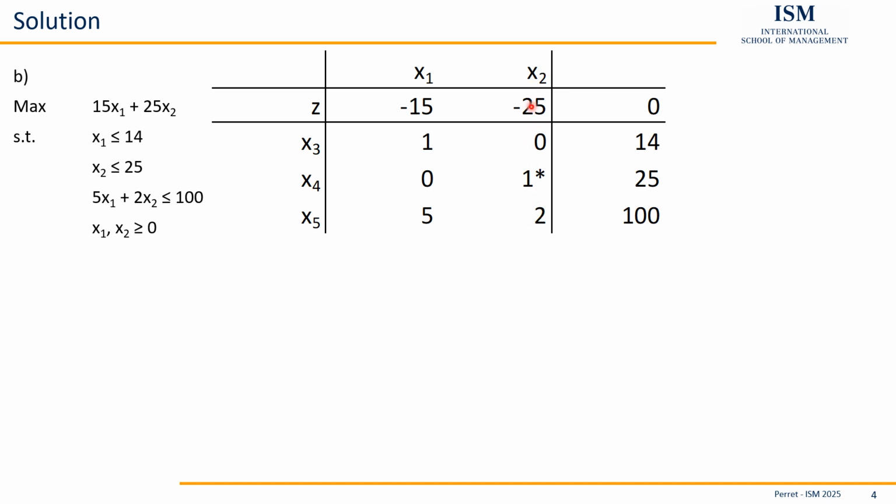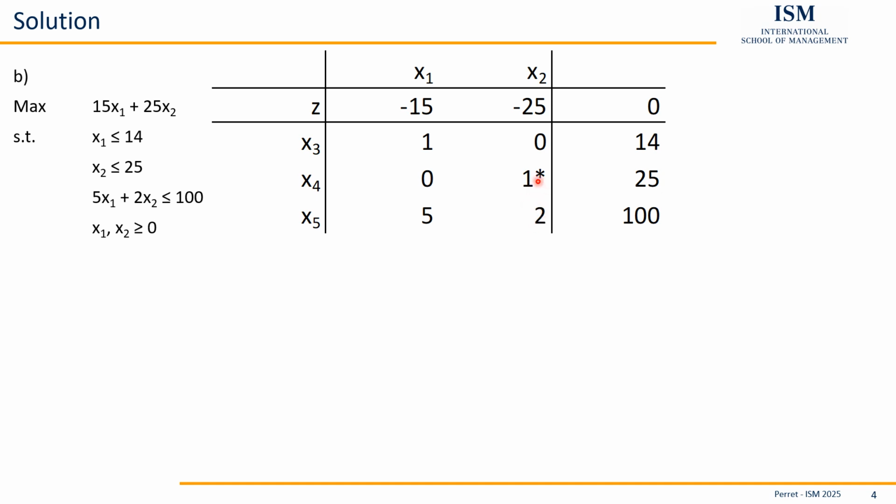In the pivot column, I'm going to consider the values down here, and in particular only those where I have a positive element. So this one is omitted, and only those 2 are potential candidates for pivot element.